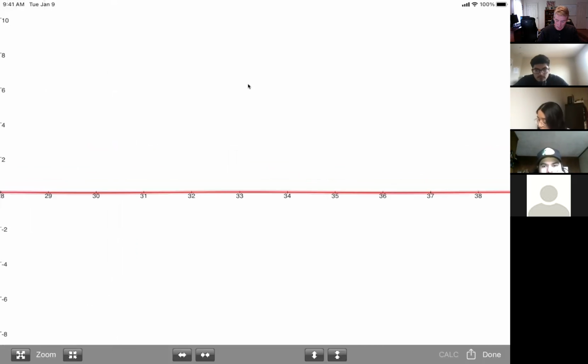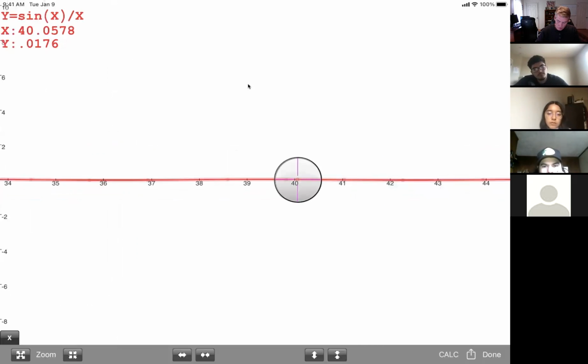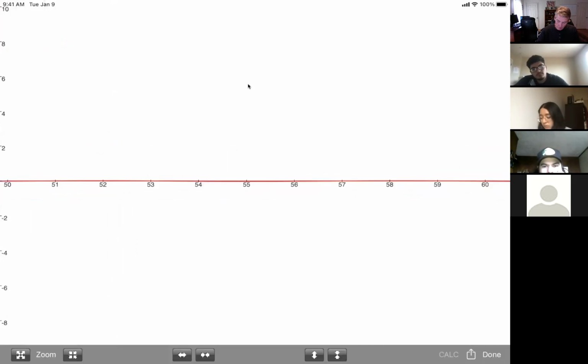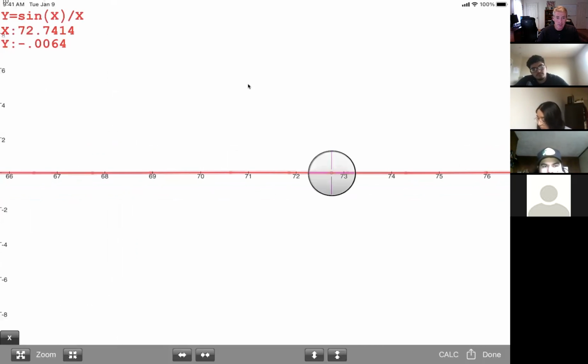The y value right now is 0.052. And if I go farther out to the right, it's now negative 0.064 and 0.097. So it seems that the answer is getting smaller and smaller, and it's actually going to 0.